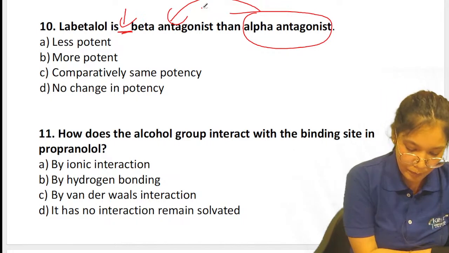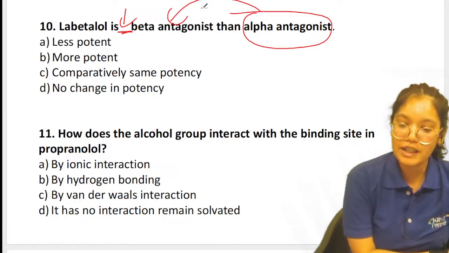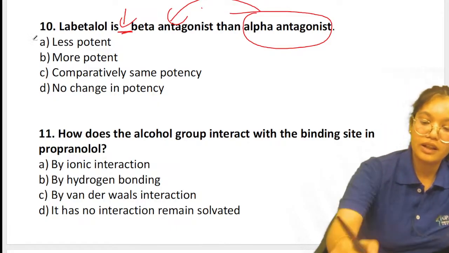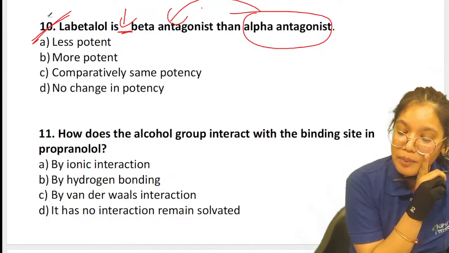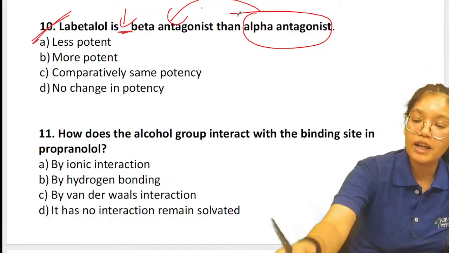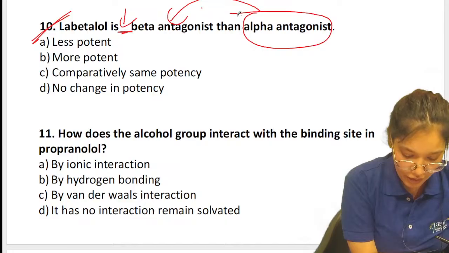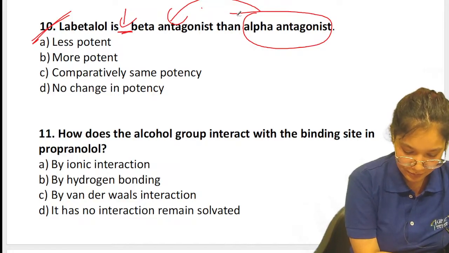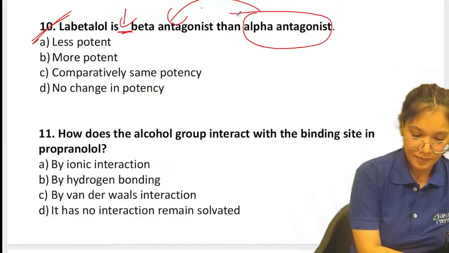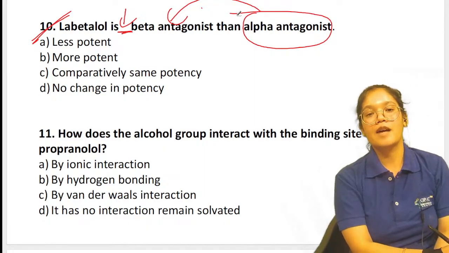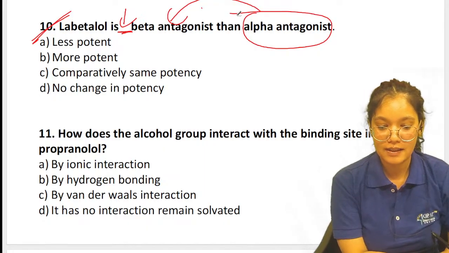Yes, Kunni, Ramma, Anjali, Gopal, you were right. Now the next question, the 10th one you answer. Labetalol is dash beta antagonist than the alpha antagonist. Come on, answer.